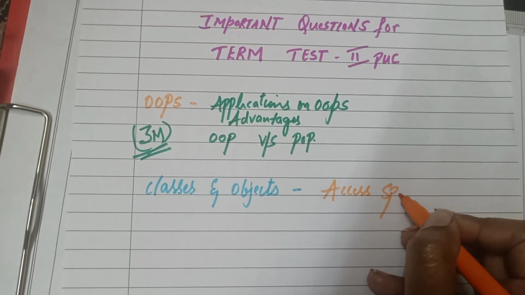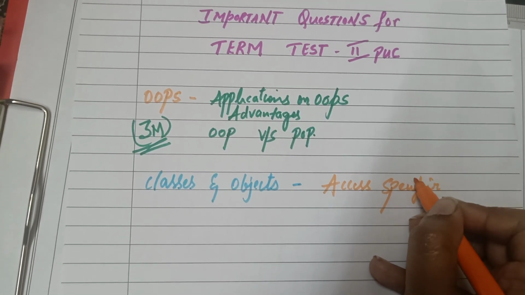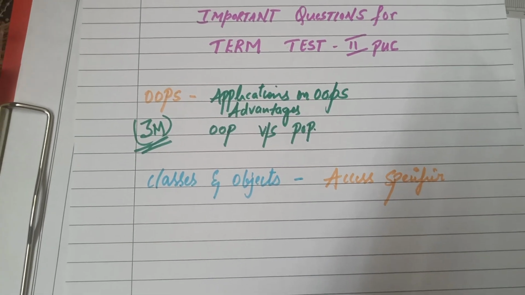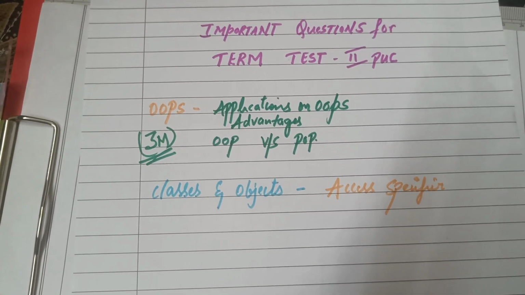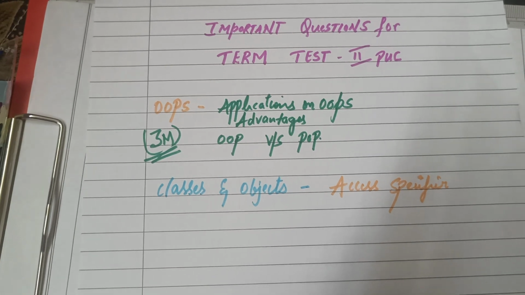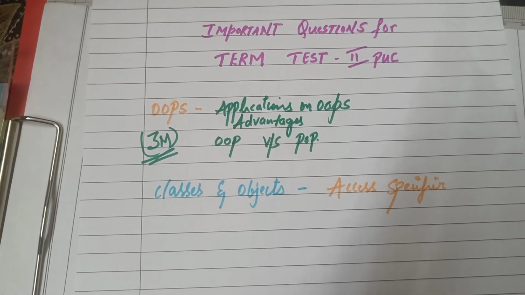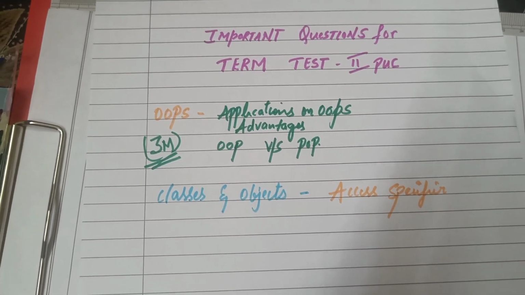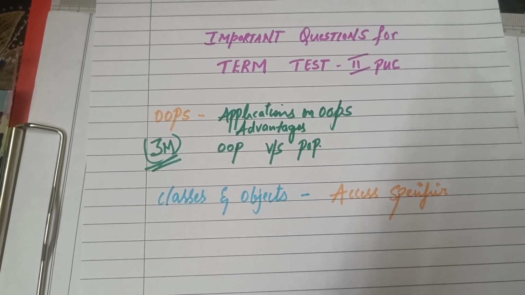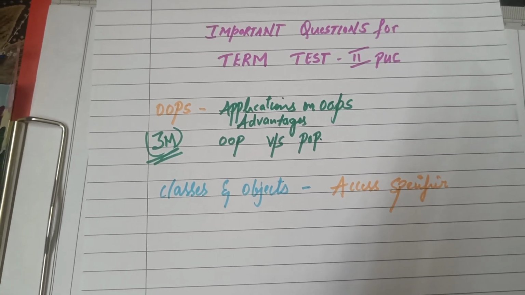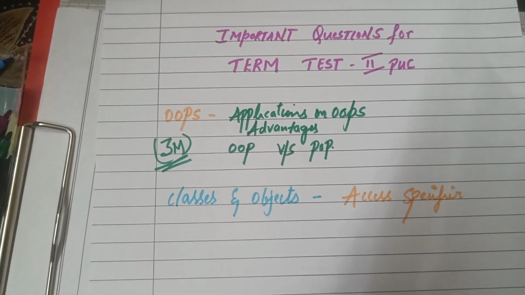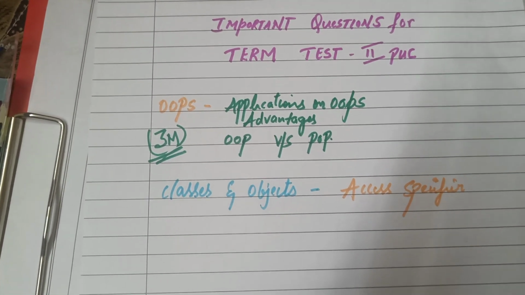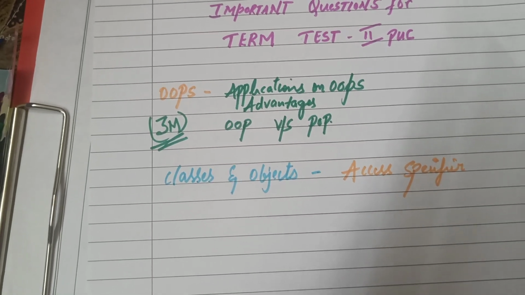In access specifier, you all know there are three types: private, public and protected. For these three types you have to write the definition, and you have to write one example program in which all three access specifiers should be present.